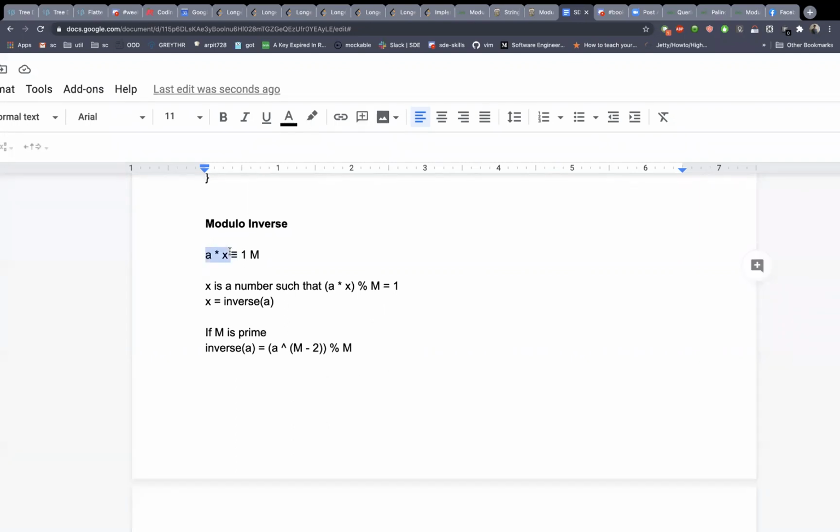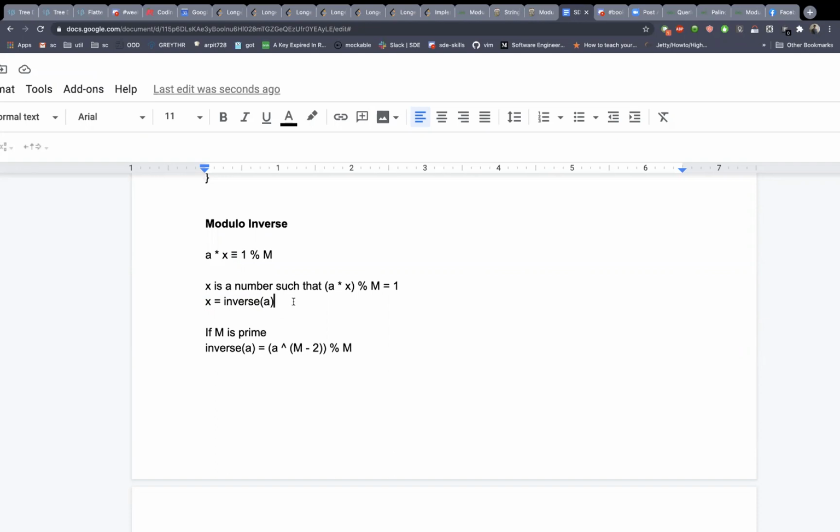So a times x is congruent to 1 modulo m. What this statement means is there's some integer x which, if you multiply by a and take its modulo with m, you will get 1 as a result. Then you can say a and x are congruent, and x is also referred to as the inverse of a.